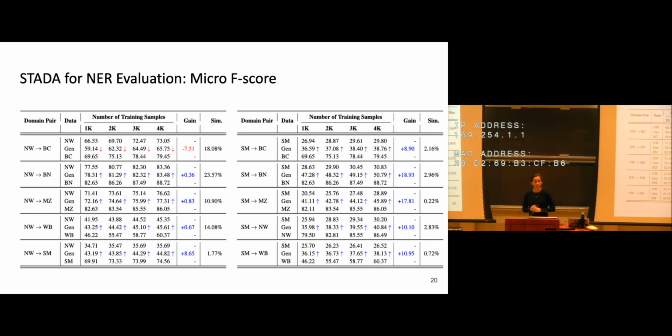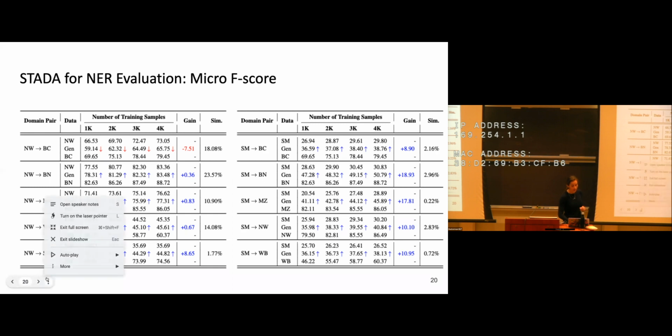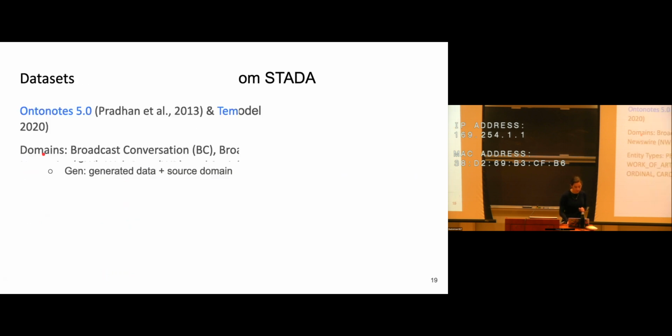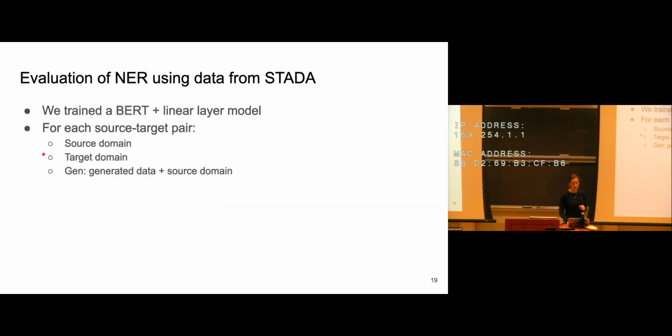So here, these very horrible looking tables, we have evaluation numbers for the different data sets, and we're showing micro F score. So if you look at here, this column is the domain pair. So going from one domain to the other, for example, to the broadcast conversation, right?